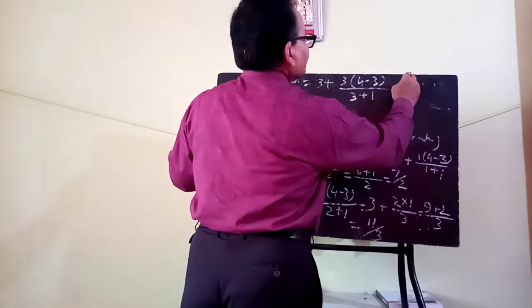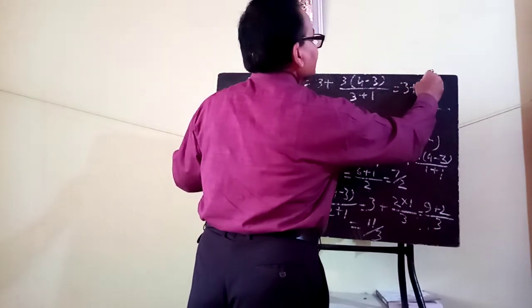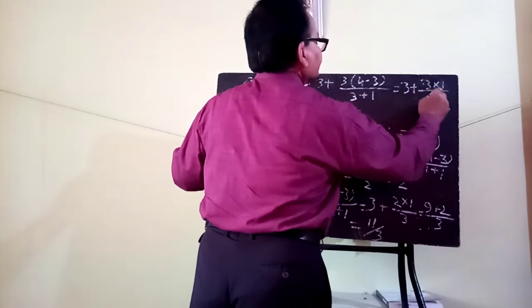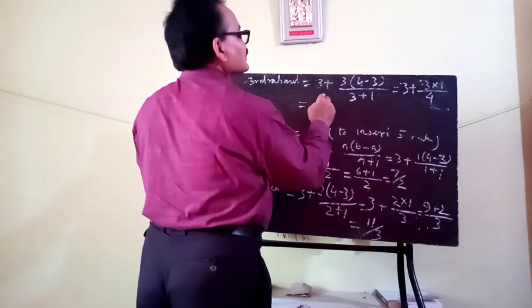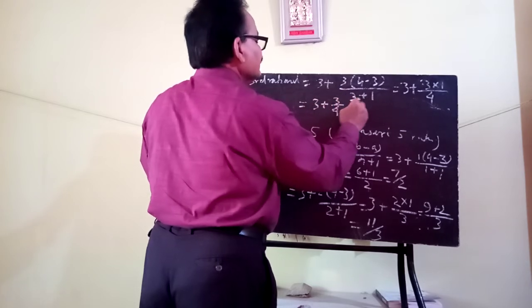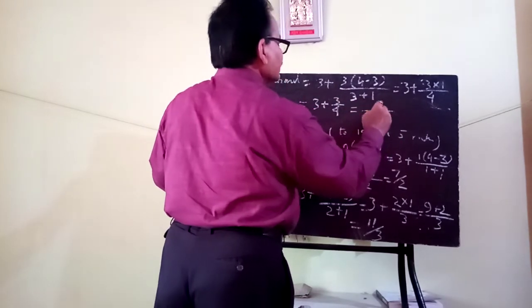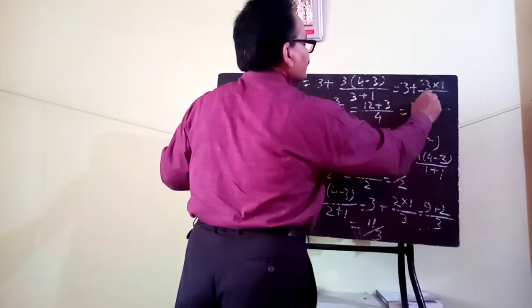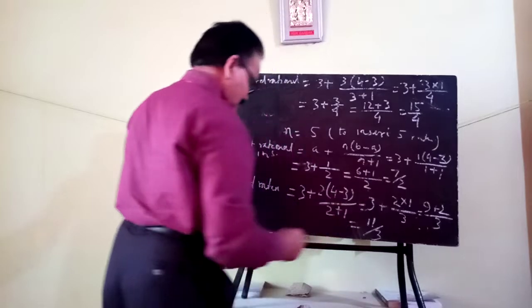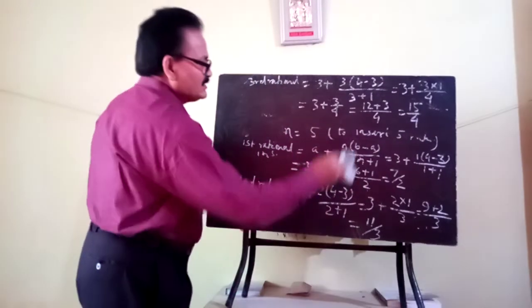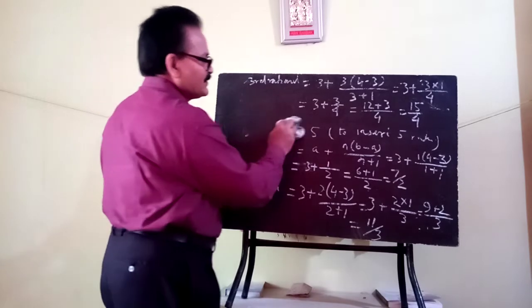Okay, so this is your 3 plus 3 into 1 by 4. So that means 3 plus 3 by 4, LCM is 4. Here it is 12 plus 3. This is your 15 by 4. This much is your third rational.